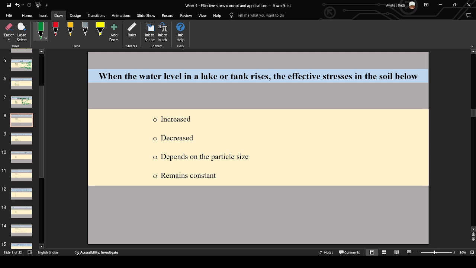That means the effective pressure will remain constant. It is just the pore water pressure or the neutral pressure which is increasing or decreasing. So the effective stress upon the rise of water level in a lake or tank will always remain constant.